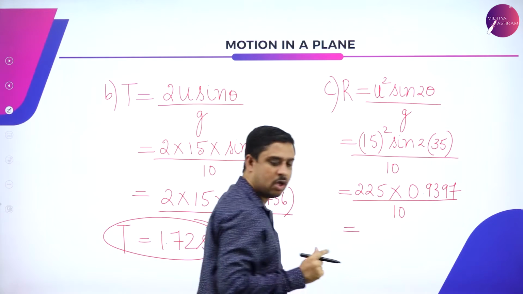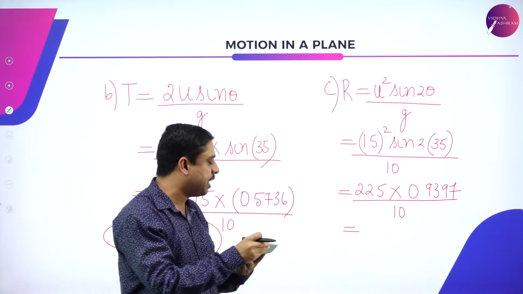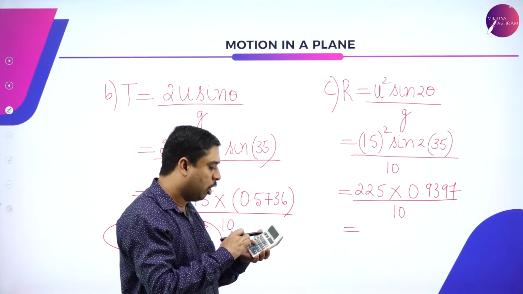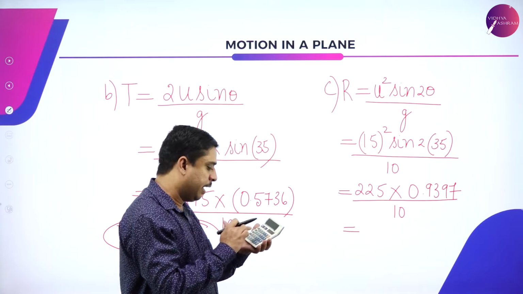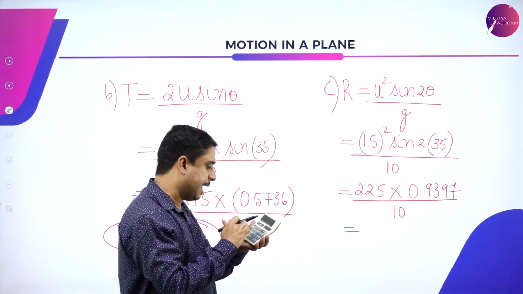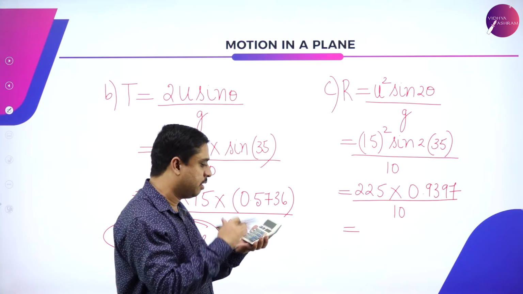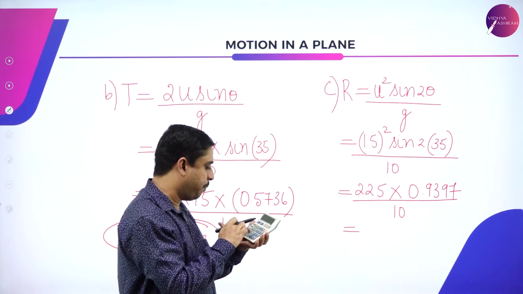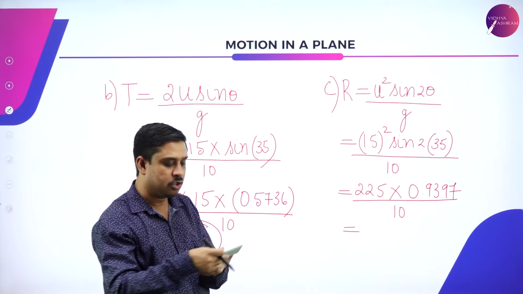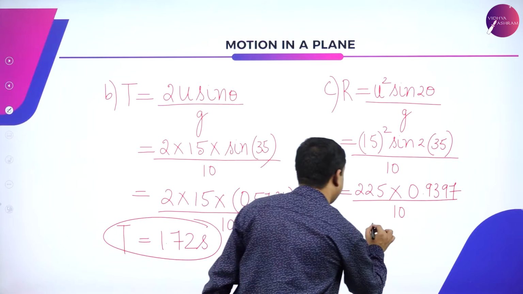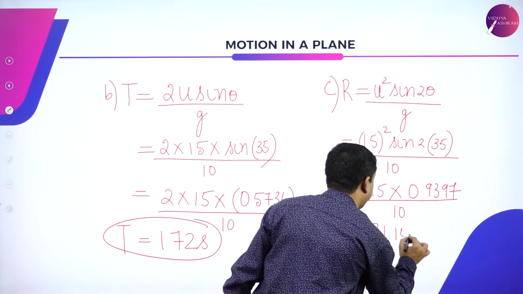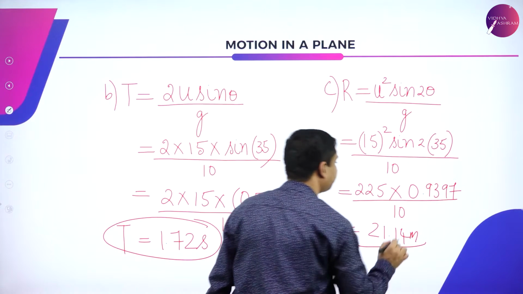So on simplification, 225 into 0.9397 divided by 10 is 21.14 meter.